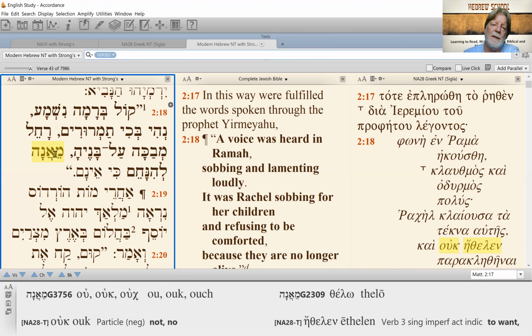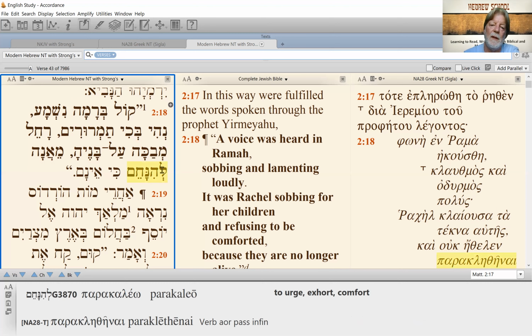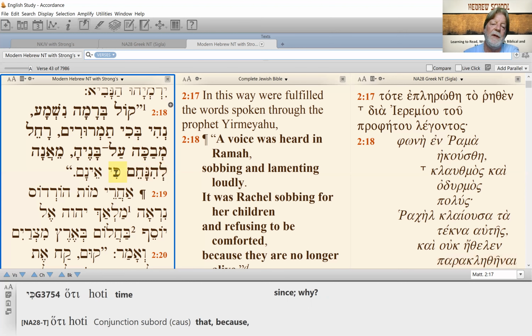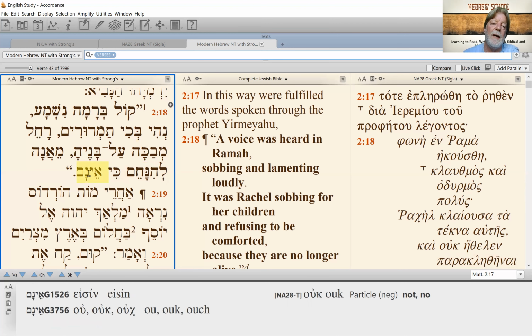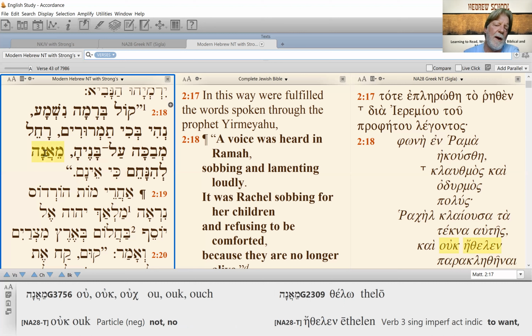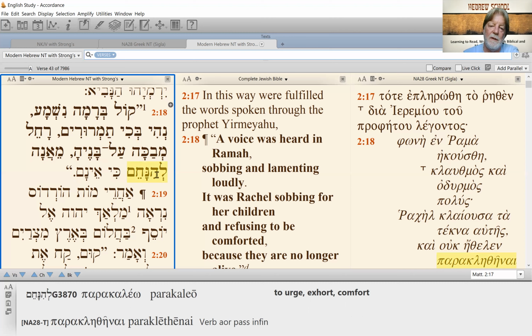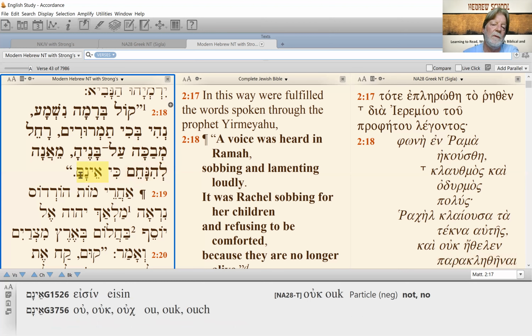Me'ana, from their being not, lechinachem, and she would not be comforted, ki enam, because they were not. Me'ana probably means that she could not be comforted. Me'ana lechinachem, she could not be comforted because enam, because they were not, like her children were not.